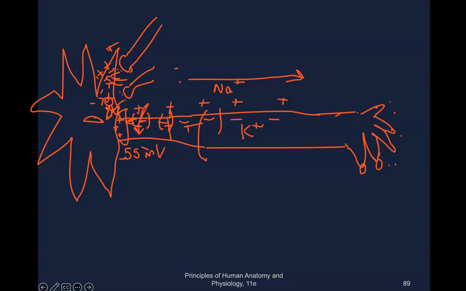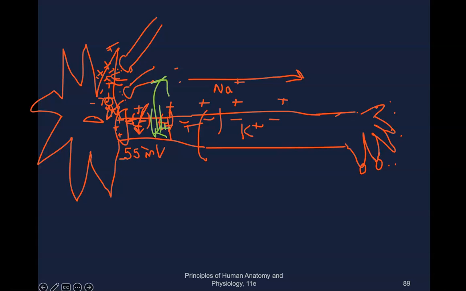So as those sodium gated channels close, especially as that inactivation gate is closed, now what's going to open? You got it. Potassium. As that voltage gated channel opens for potassium, potassium is going to rush out.